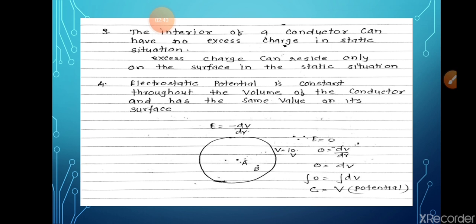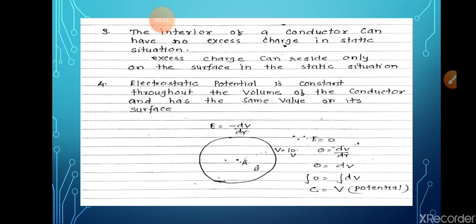Whatever the static charge or excess charge, it will remain on the surface of the conductor. There will be no excess charge inside the conductor, hence the electric field will be zero. These three properties are very interlinked, or very much the same.